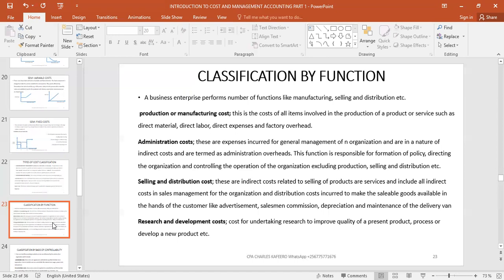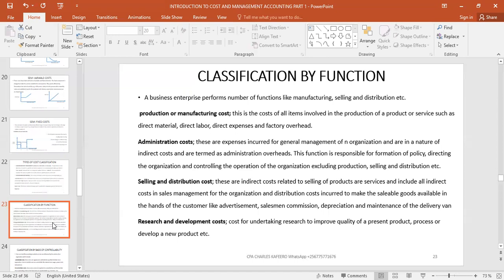This classification by function depends on how the business is performing, because some organizations have different departments. So we accumulate those costs depending on how they were utilized in different departments. If the costs are in administration, we group them into administration.